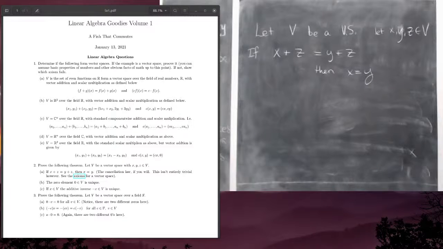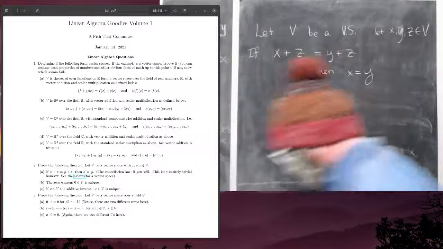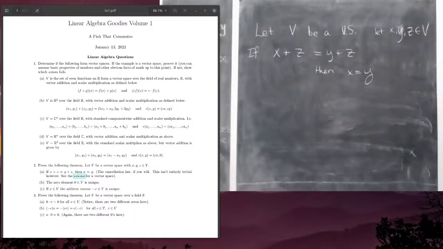But strictly speaking, we want to do this at least somewhat legit, so let's do it. How should we start?